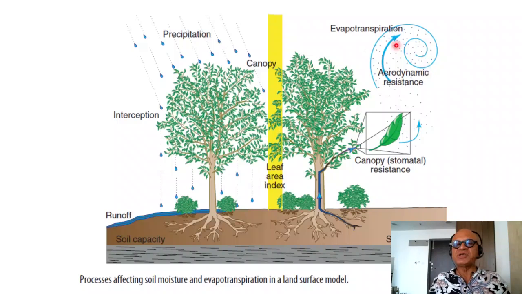And evapotranspiration creates aerodynamic resistance and so on, and there is canopy stomatal resistance as well for the process of hydrology of water being picked up through the roots, bringing up here and exchanging with the atmosphere.